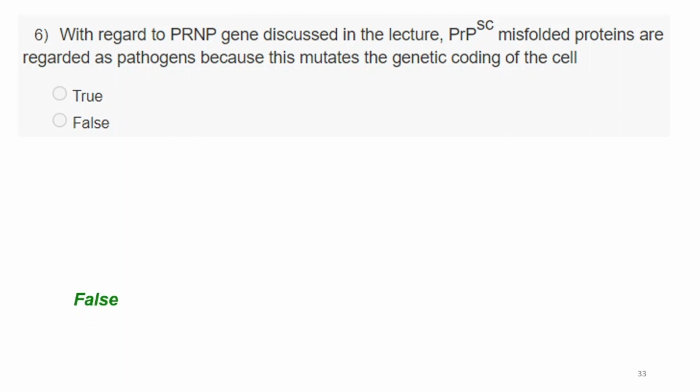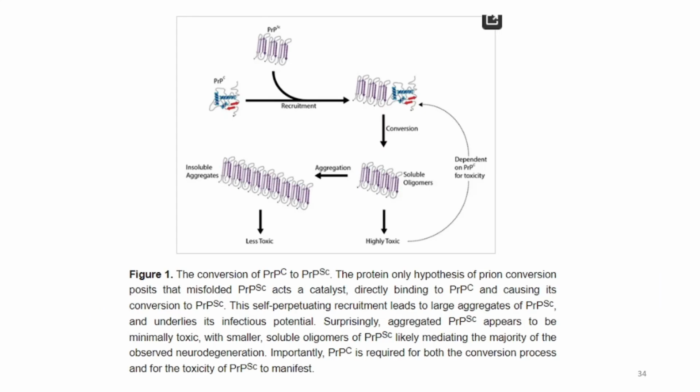PrPSc misfolded proteins are indeed pathogens. They have the pathogenic ability, but not because they mutate the genetic coding of the cell, for a completely different reason. Prion disease is a collection of fatal transmissible neurodegenerative diseases that cause rapid onset dementia and ultimately death. Uniquely, the infectious agent is not a bacteria or a virus.